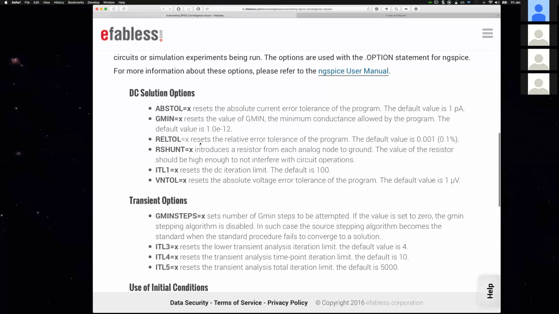And R shunt adds a resistor to the ground. If you're doing that, you're effectively modifying the circuit, which creates current that makes the matrix more solvable from the simulator standpoint.